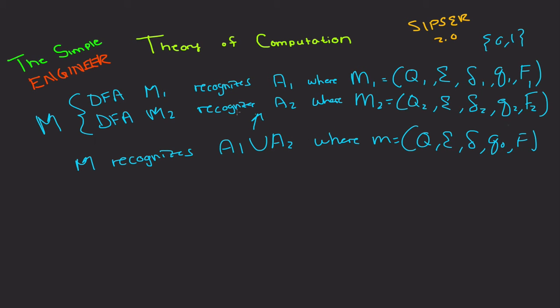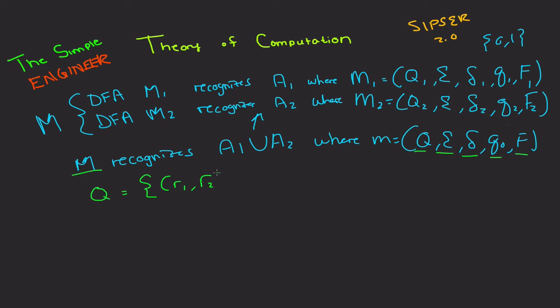So to make this easy, what we need to do is break down these 5 components within this parent DFA. So Q is the set of states, right? And we know the set of states is the combination of A1 and A2, which is what we did previously. We took the cross product and found all the possible combinations, right? So mathematically, the way that we're going to represent that is we're going to say, for this M here, Q equals the set, and the set contains this pair of states that we need to track, right?